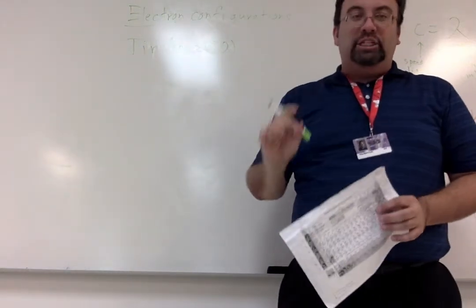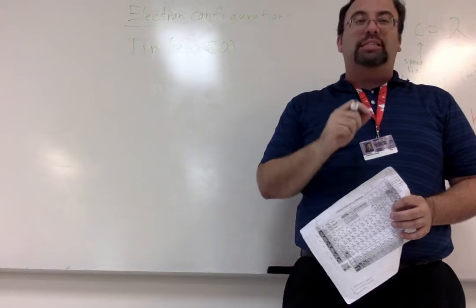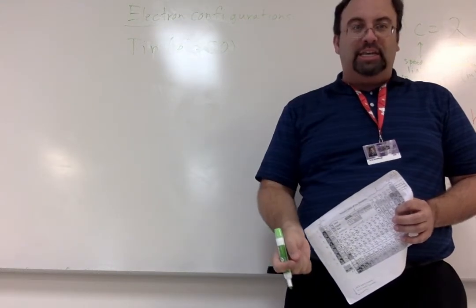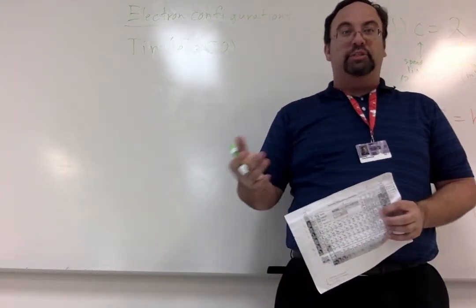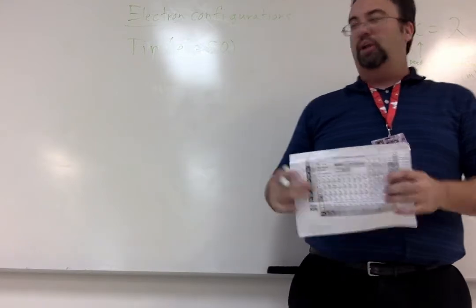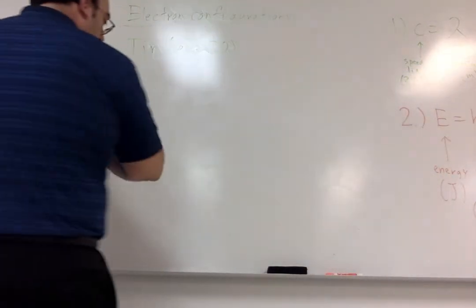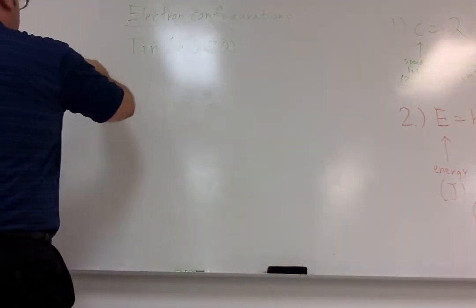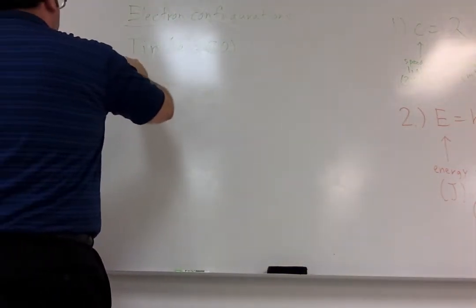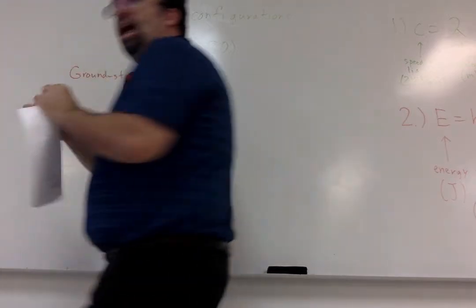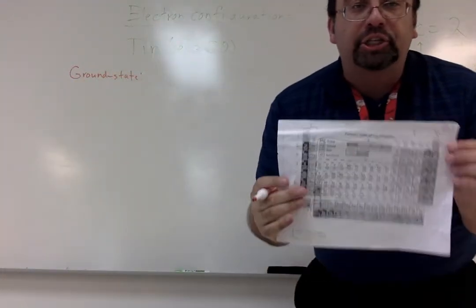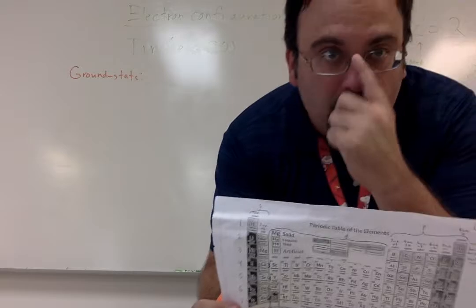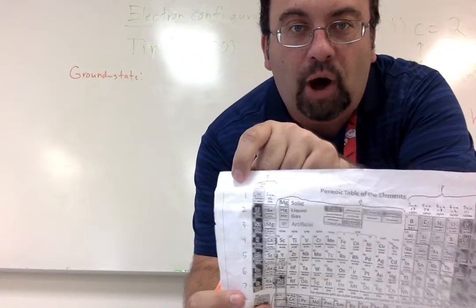All right, let us first go ahead and do the ground state electron configuration for tin, and then we'll do the same thing using the noble gas configuration. So, our ground state configuration, as always, we have to start with the lowest energy orbital, which is always going to be our 1s.